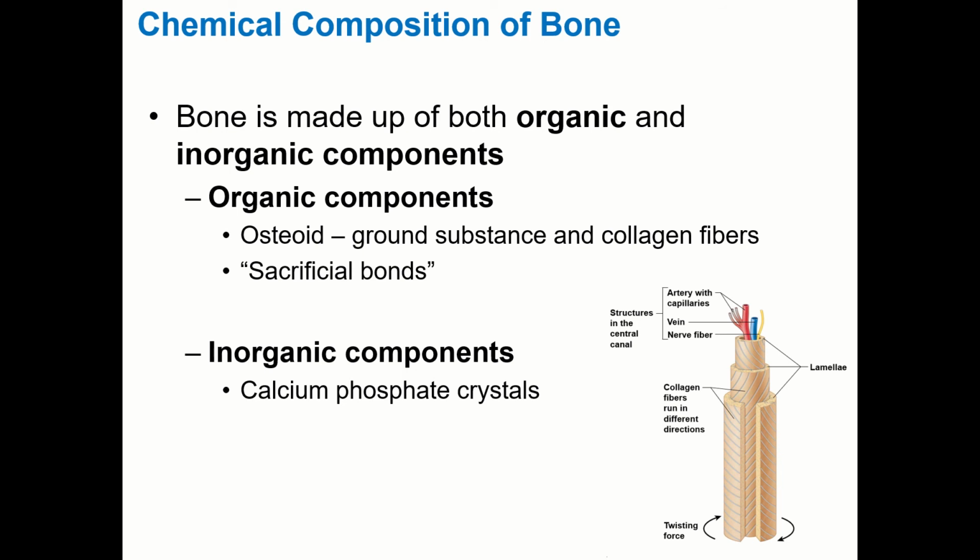As those fibers break apart a little bit, you get some more give to the bone. That helps spread those forces out so that you don't get larger cracks between those calcium crystals. It's not exactly a microfracture, but you get some breaking of those bonds to prevent fracturing of the bone. And then the inorganic components, the calcium phosphate crystals.